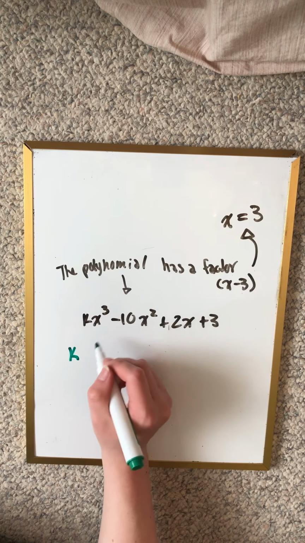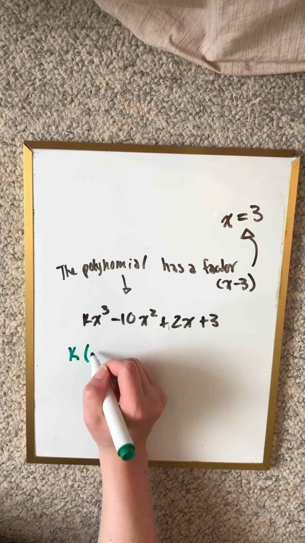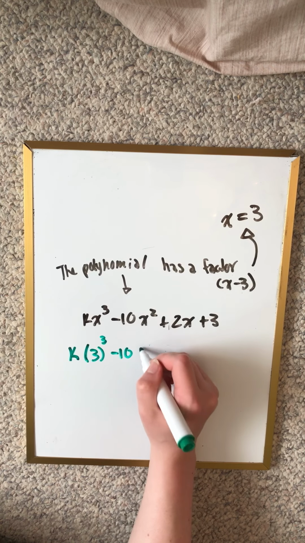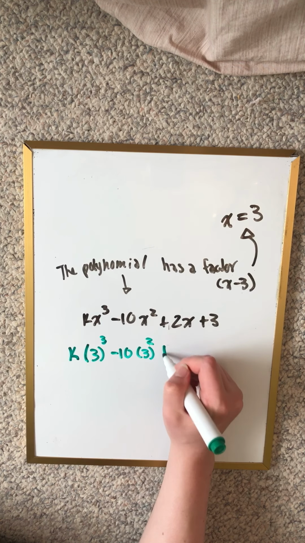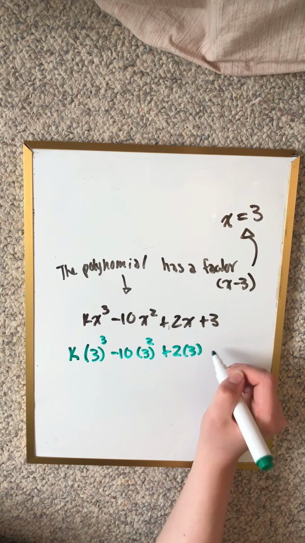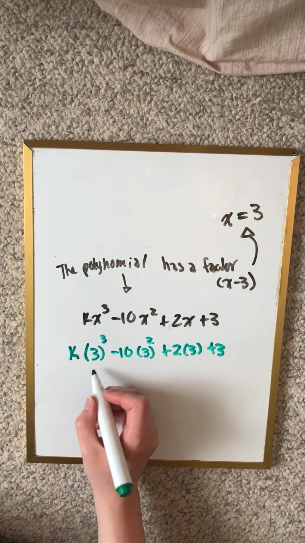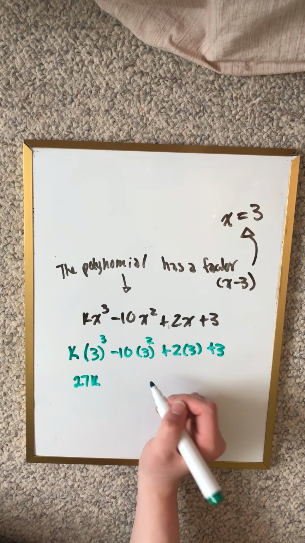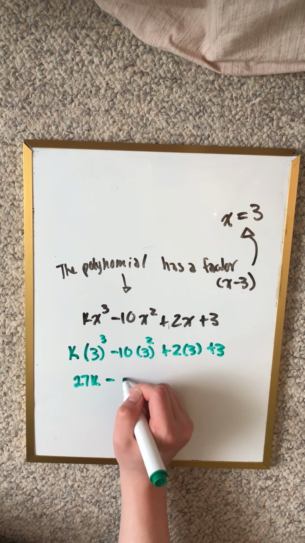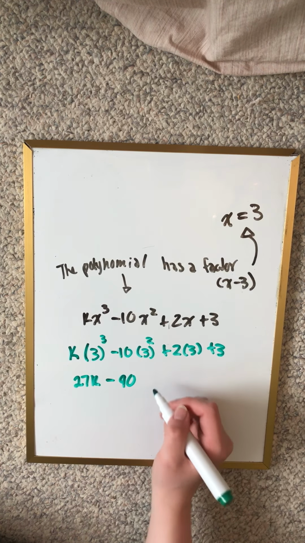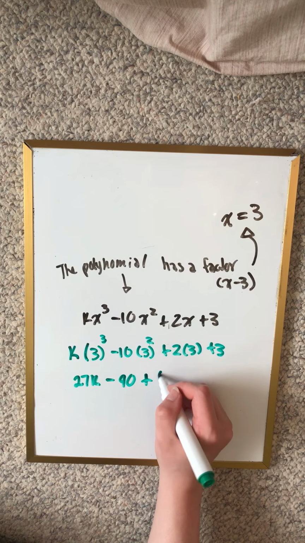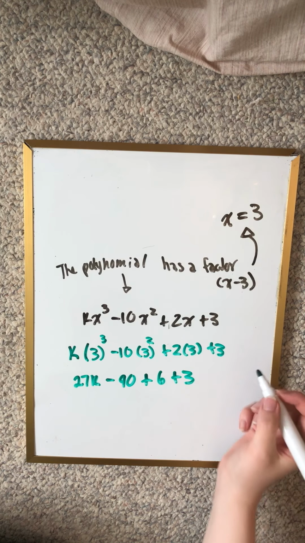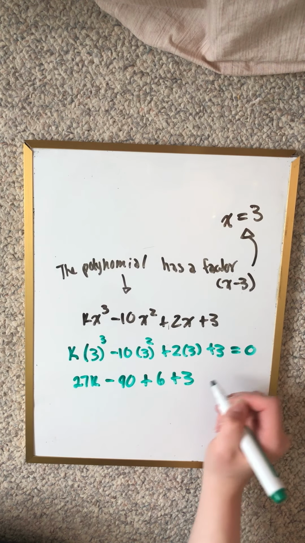So k, we still don't know, but we can substitute in our x value. 3 cubed minus 10 times 3 squared, plus 2 times 3, plus 3. So 3 cubed is 27. 3 squared is 9, times 10 is negative 90, plus 2 times 3 is 6, plus 3. And so we know that this is going to equal 0.